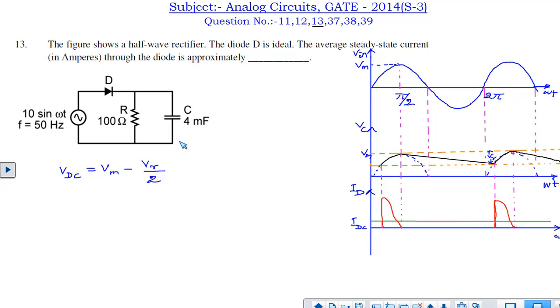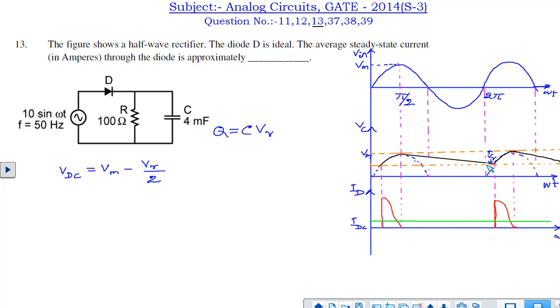Similarly, now we will try to find out what VR is, the peak to peak swing of the output voltage. During the charging time of the capacitor, the charge stored in the capacitor will be equal to C into VR.